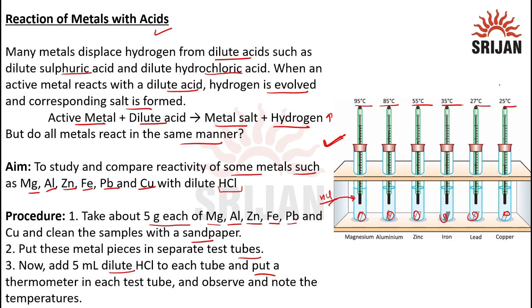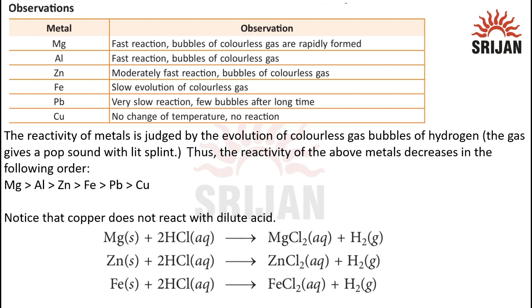What are these readings? The observation will be: magnesium does a very fast reaction, and bubbles of colorless gas are rapidly formed, right? Similarly, aluminium reacts fast and bubbles of colorless gas appear. Now here, zinc reacts with HCl moderately, and iron reacts with HCl very slowly.